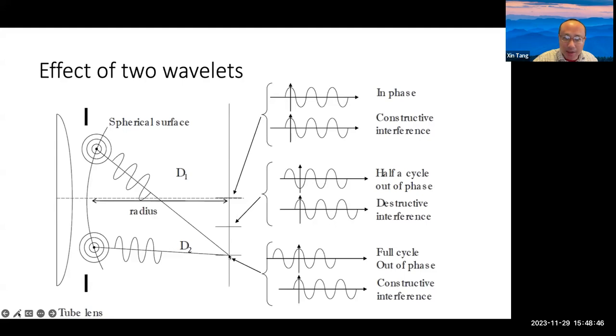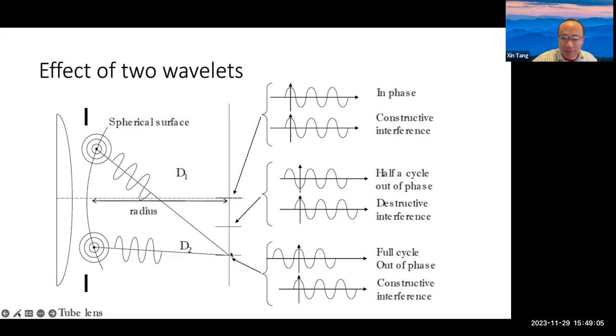But if we look at different places, we will see the phase interference from these two points is different, because they are influenced by the distance, right?